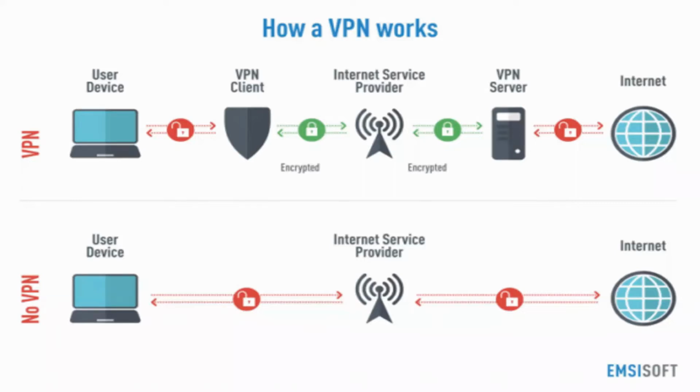In the first image, we can see with VPN. The user device is whichever device we are using, and if we connect the VPN in our system, the traffic will go via the internet, but it will be encrypted in specified tunnels before reaching the internet. Before going to the internet server, it will be secured by the VPN client, right?